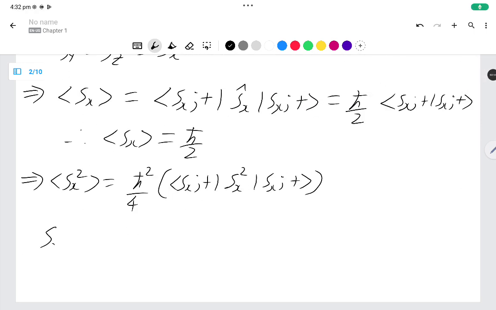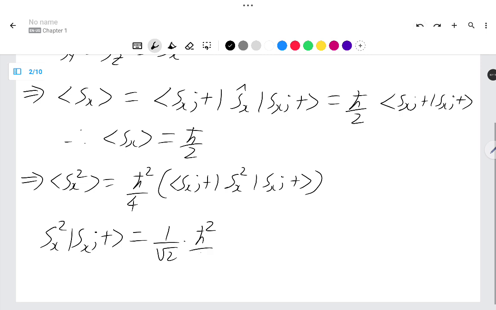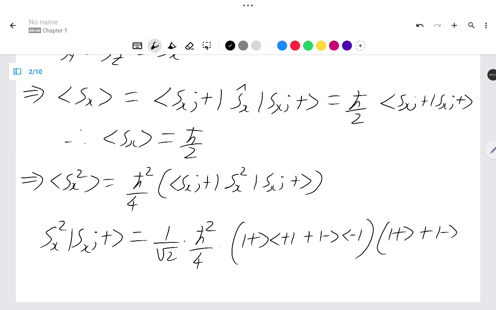You can check one thing here. When Sx square operates on Sx plus, what it gives me is 1 by square root of 2 times h bar squared by 4 times an operator which will operate on states plus and minus.